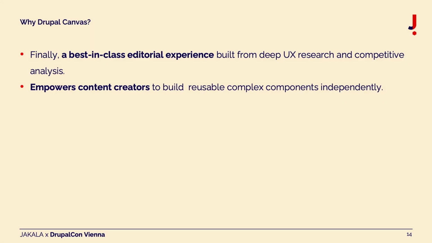The next, which is very important, is that with this, now your site builders can build complex composable components. You might have a small base of components, but using them you can build more components, called patterns within Drupal Canvas, which can be reusable across the whole website.